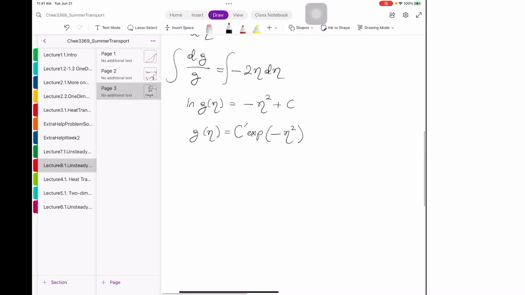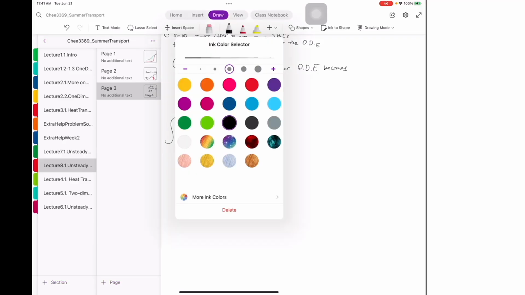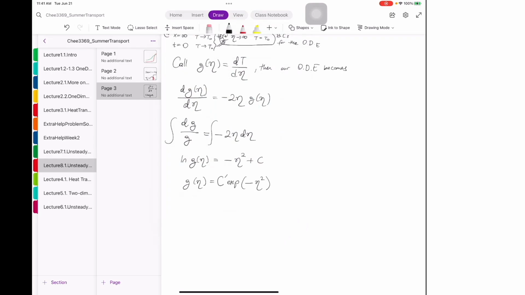And since g of eta we defined as dT over d eta, you can actually plug it there.